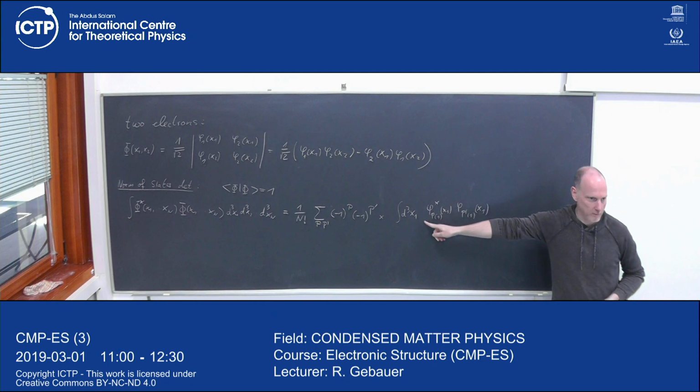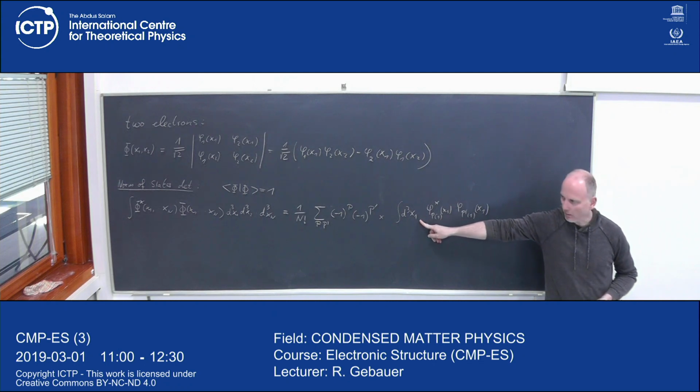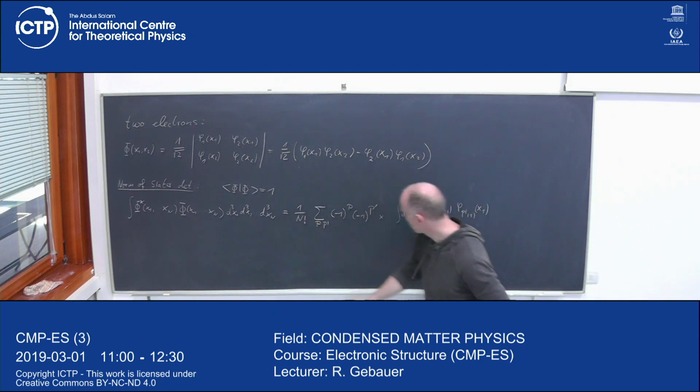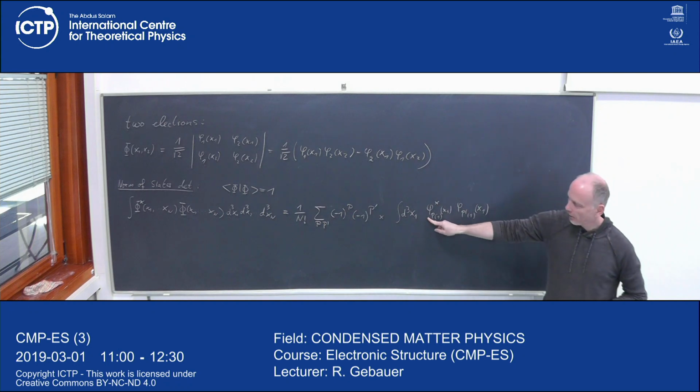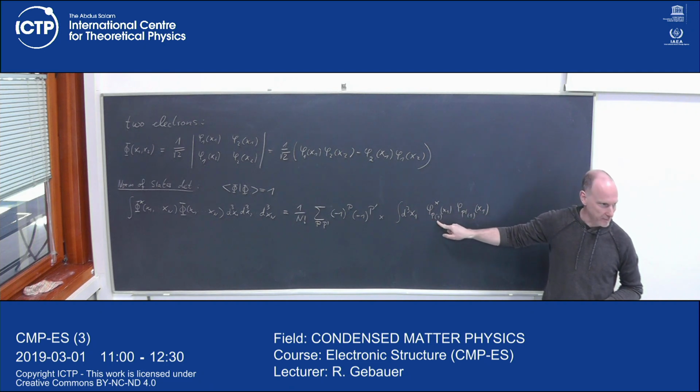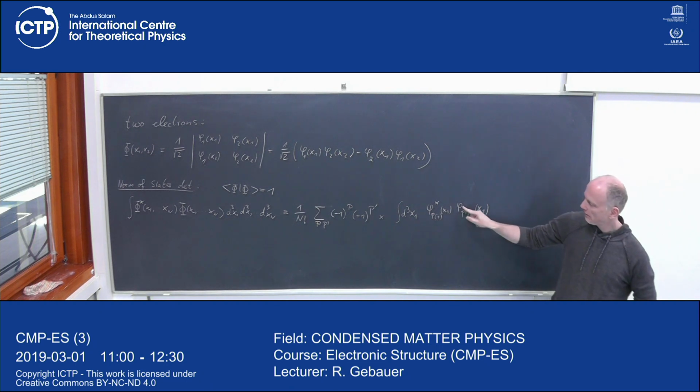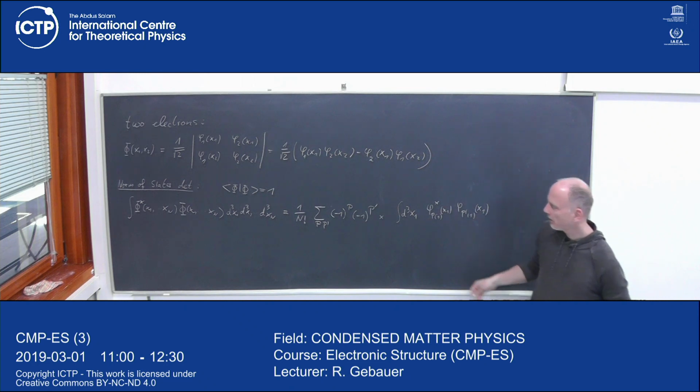So you integrate over the coordinate x1 like you integrate over all coordinates. In the first determinant with the complex conjugate, we have first the single particle orbital which is at the first place in the permutation. Here we have the single particle orbital which is in the first place in the p prime permutation. So you integrate over this.